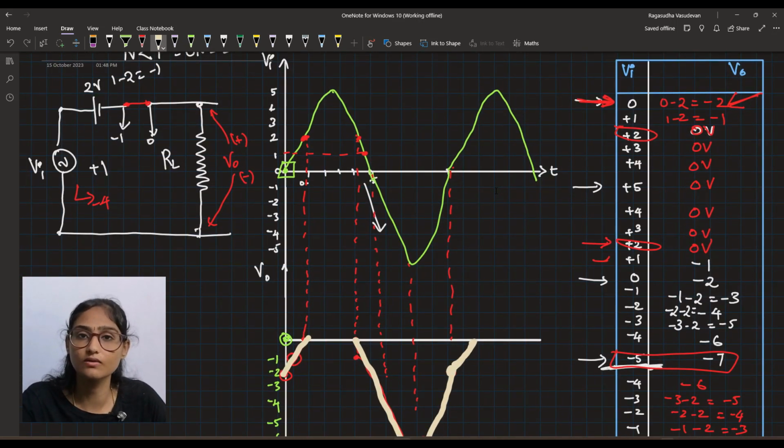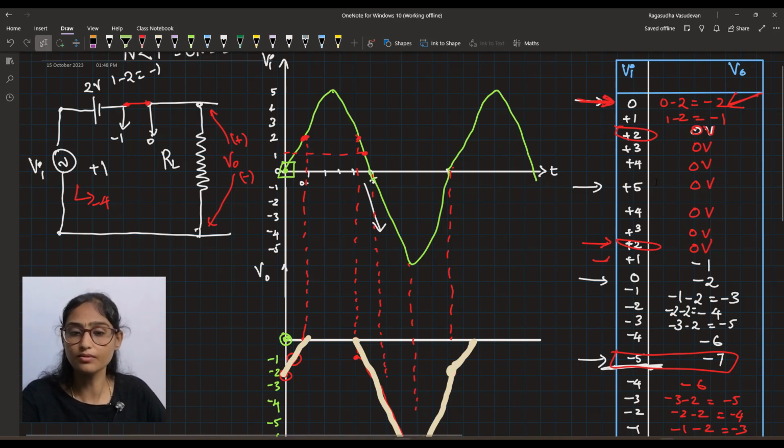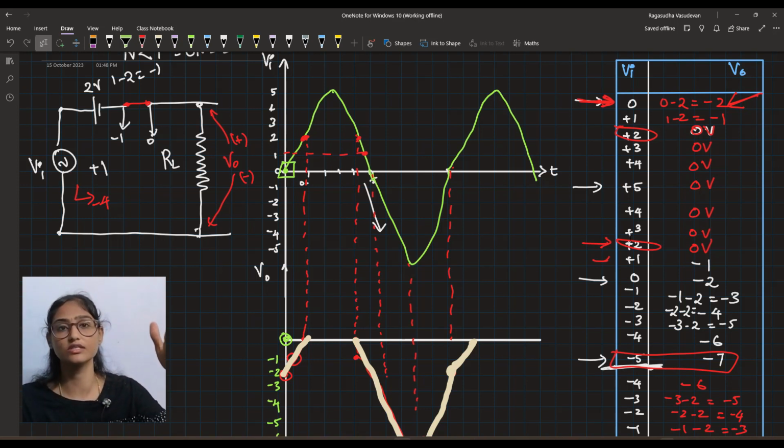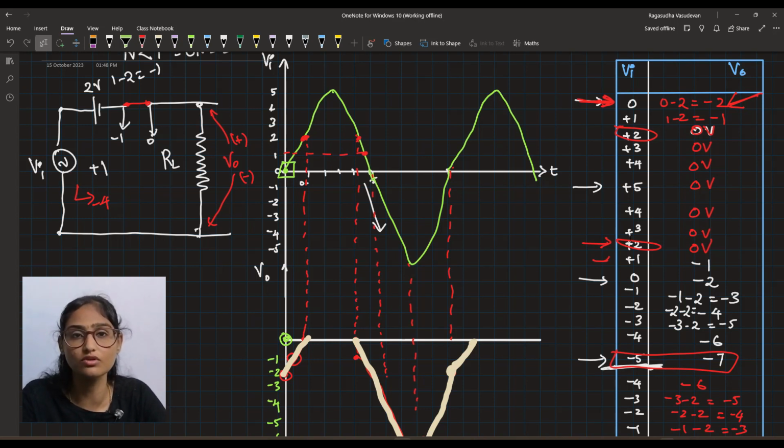Whenever you see a diode in AC circuits and you are not very confident of the operation, put this tabular column. Put Vi, put V naught. What are the possible values of Vi? You don't need to have every single value. I spoon-fed you enough at the first problem itself, so that in the next problem this much detail is not necessary.